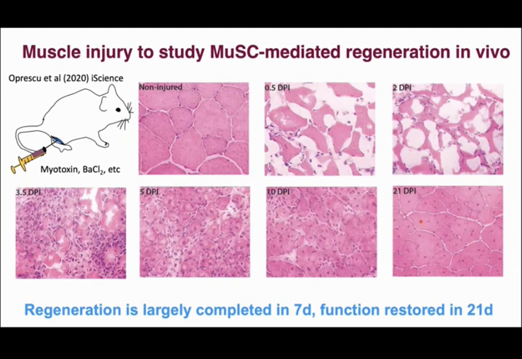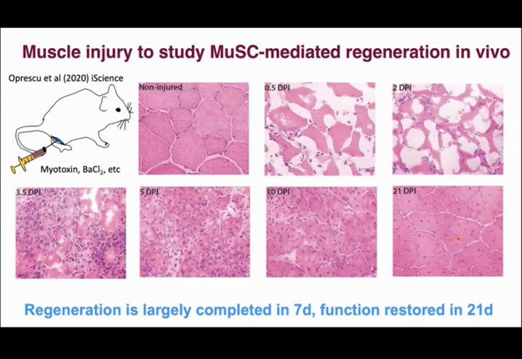But these nuclei are stuck in the middle. They never go to the periphery, which also suggests a difference between regeneration and development. Developmentally, the nuclei can go to the periphery, but during regeneration, they seem to be stuck in the middle.